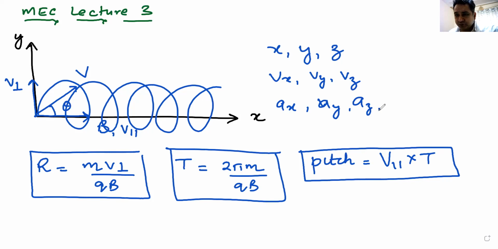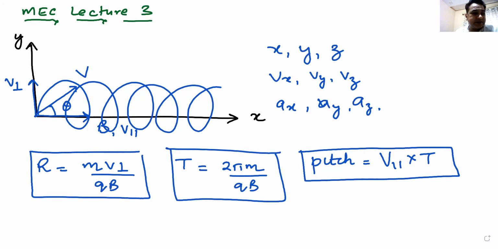Anyone would like to tell me anything? What will you say? If I talk about X, Y, Z, Vx, Vy, Vz, what would you say? Sir, x equal to v parallel into t. Well done.